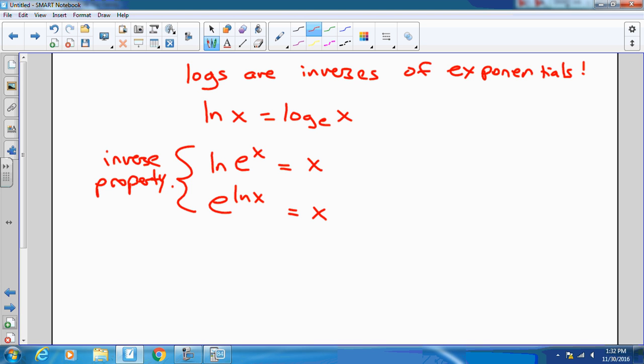And this is simply what natural log of x means. It is that function which inverts e to the x. So ln of e to the x, and e to the ln x cancel each other. Yes.